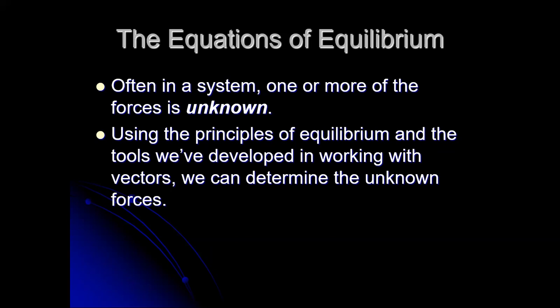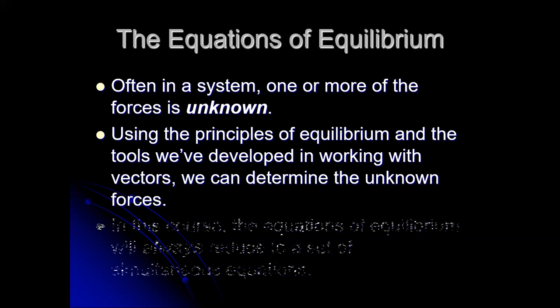Now, what those two pieces of information are, they could be two forces, two magnitudes. They could be everything about a force. Remember that forces have two pieces of information built in. It could be the magnitude and the direction of that force. The most we can handle are two missing pieces.